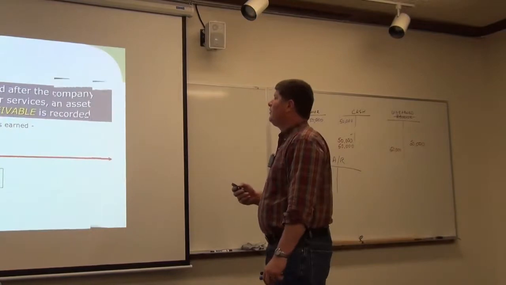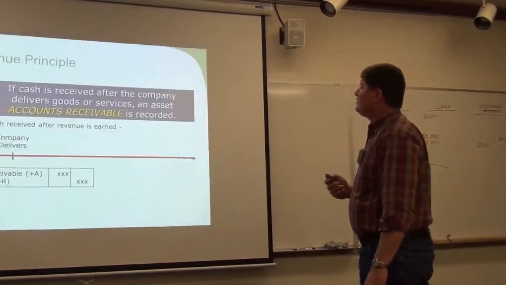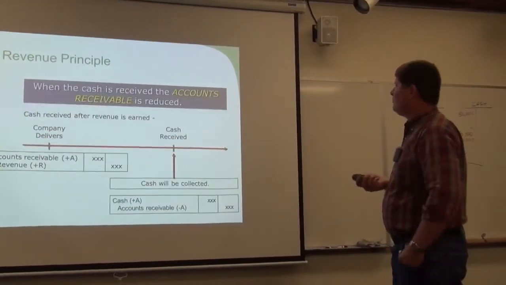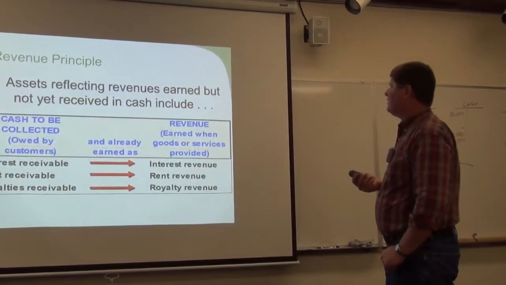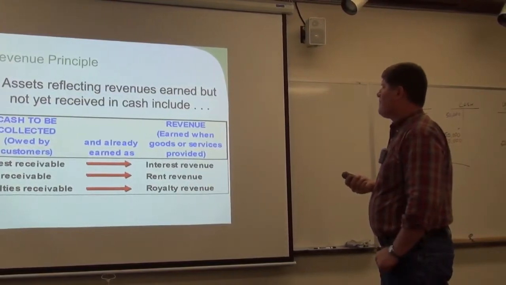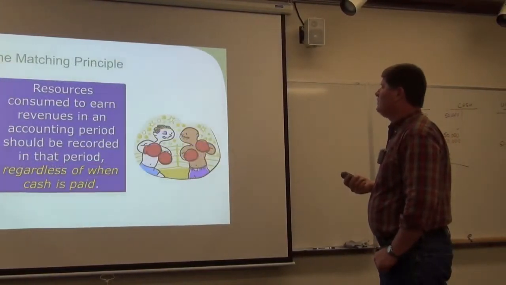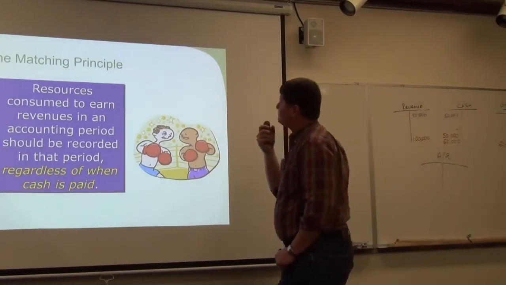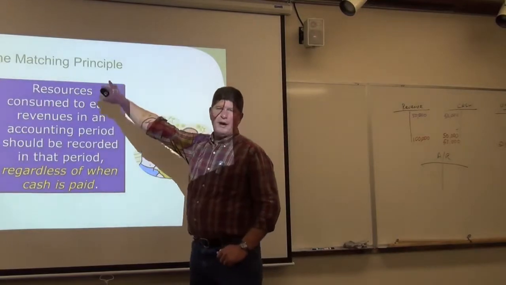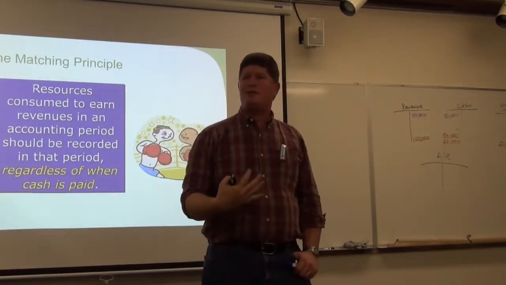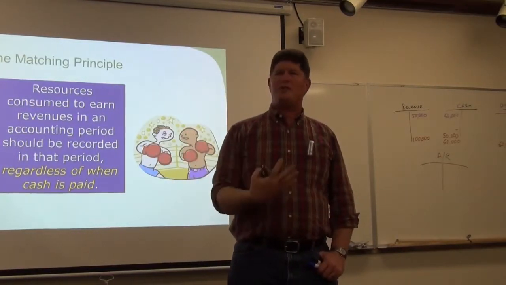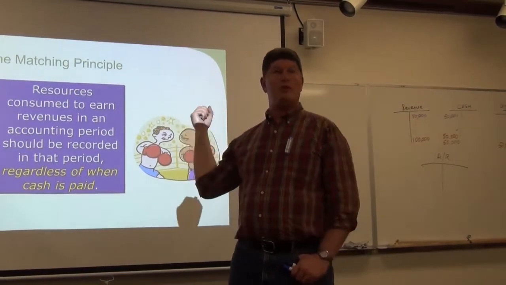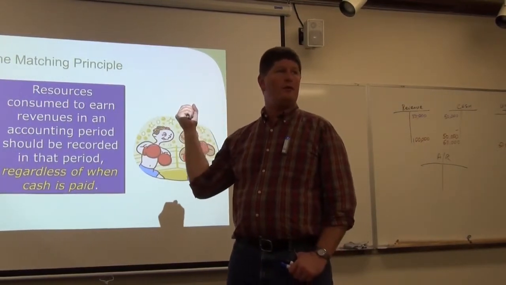Okay. Let's see. So we talked about accounts receivable, collecting accounts receivable. All right. This is a funny slide. So matching principle, the concept is recording the expense in the same time period that you generate revenue from that effort. Okay?